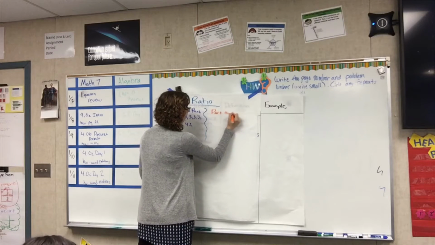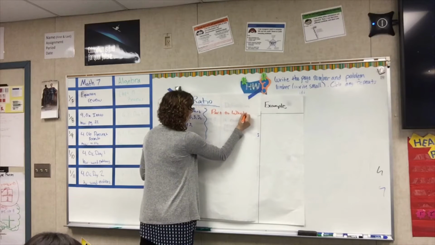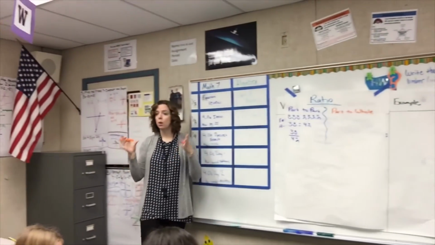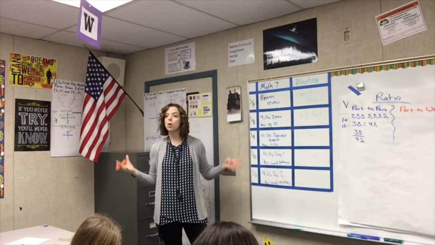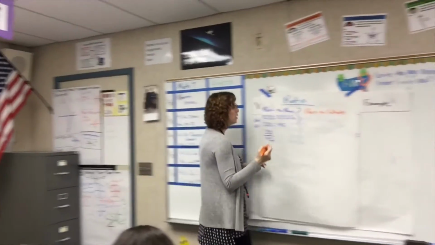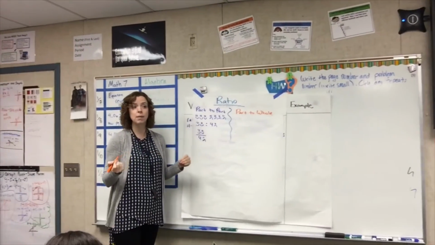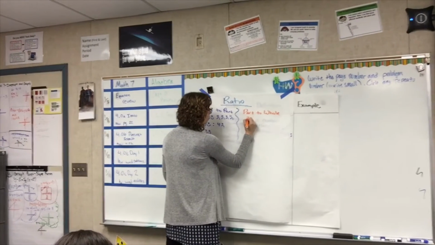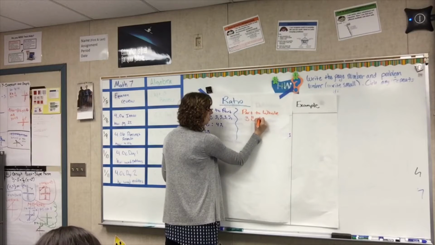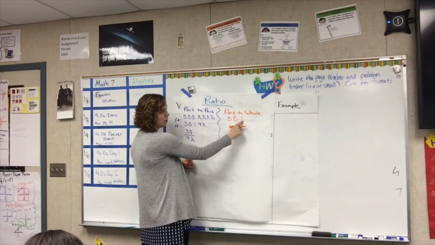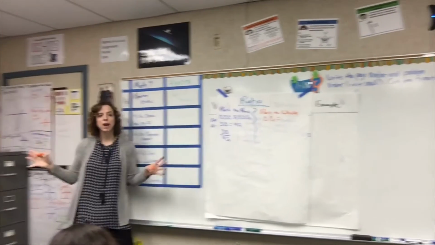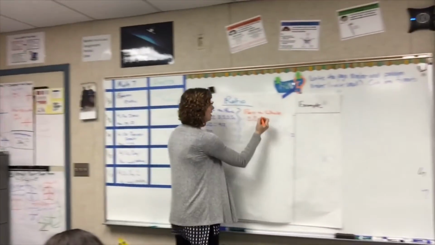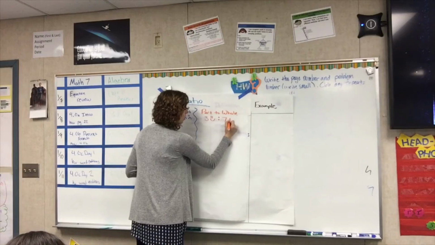The other one is called part to whole. Here we're going to compare one of the parts to the whole thing. If we were doing smiley faces, how many smiley faces did we say? 3. So we have 3 smiley faces to, and for that "to" I'm putting a colon, how many do I have all together?